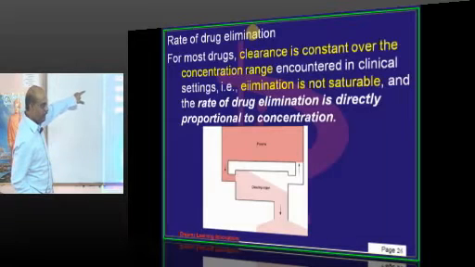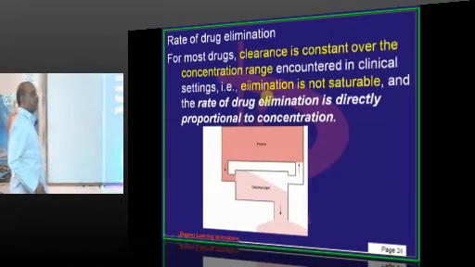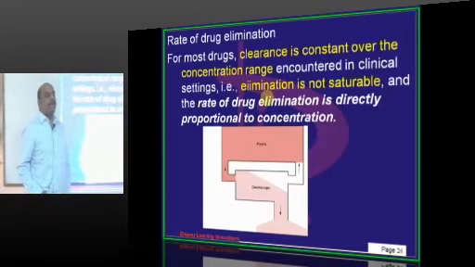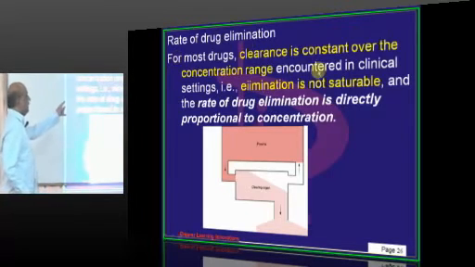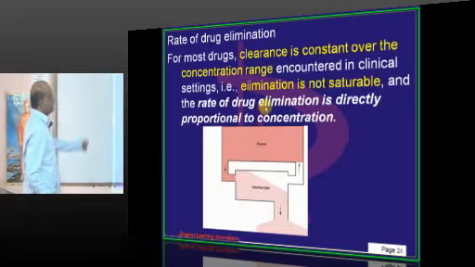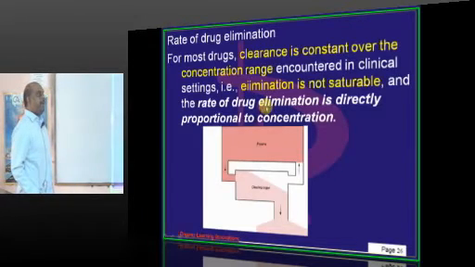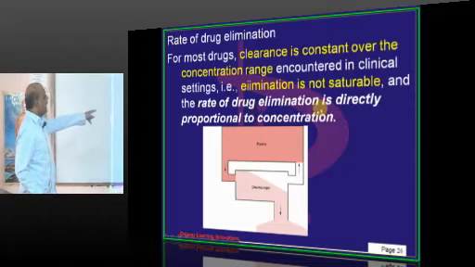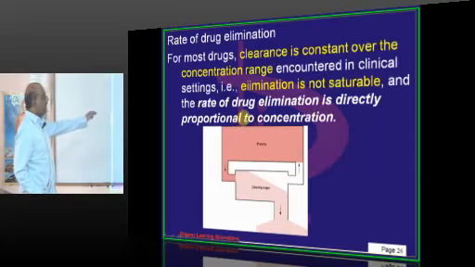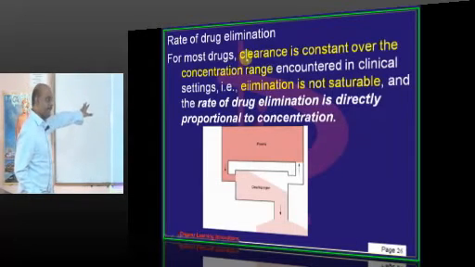For most drugs, the clearance is constant. That is the reason the rate of elimination is not saturable, and the rate of drug elimination is only dependent on the concentration of the drug. It doesn't depend on the clearance, because clearance is constant.